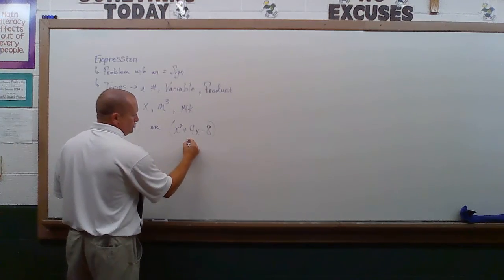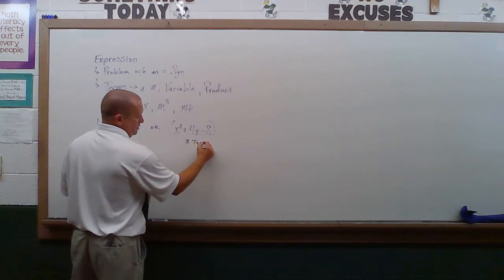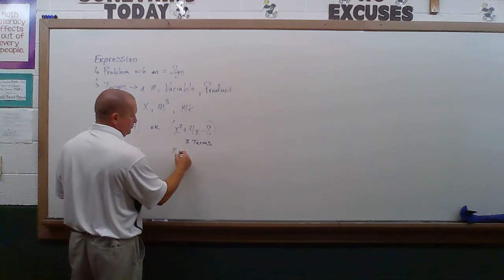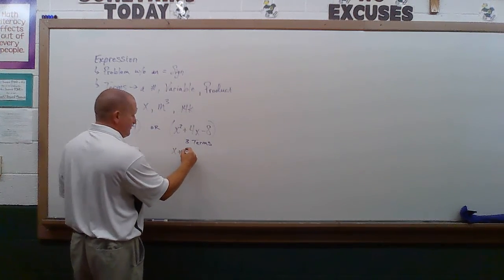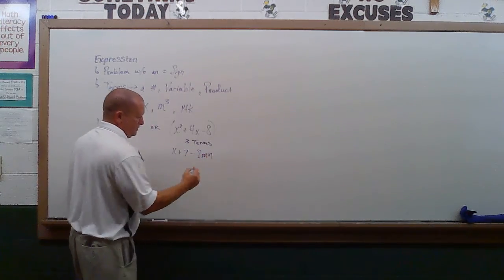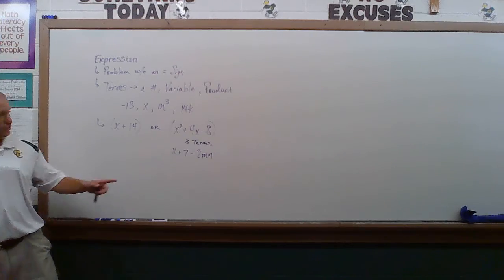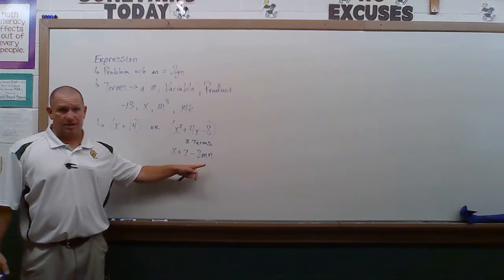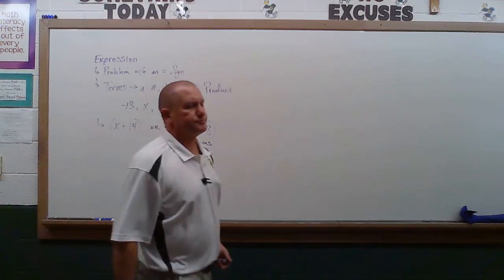This would be 3 terms. And another example of 3 terms would be x plus 7 minus 8mn, right? There's 3 distinct terms there. Everybody okay with that? All right.